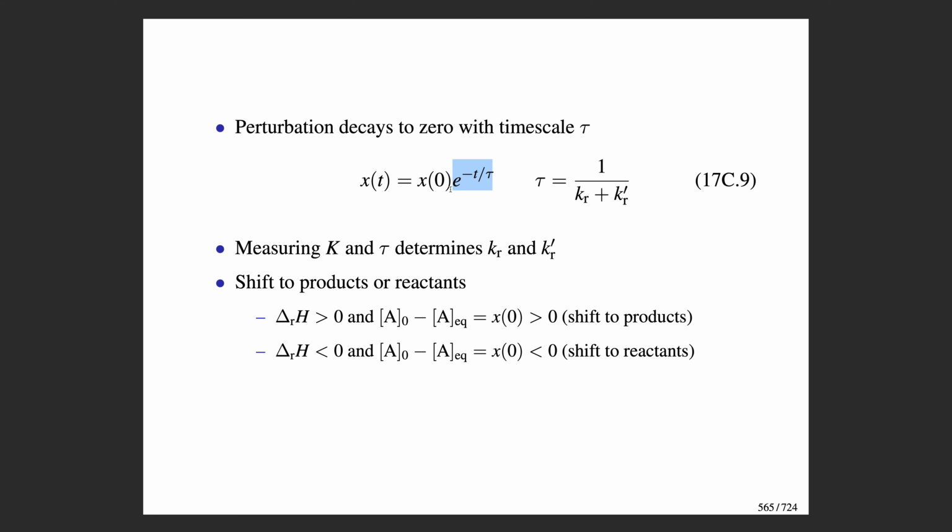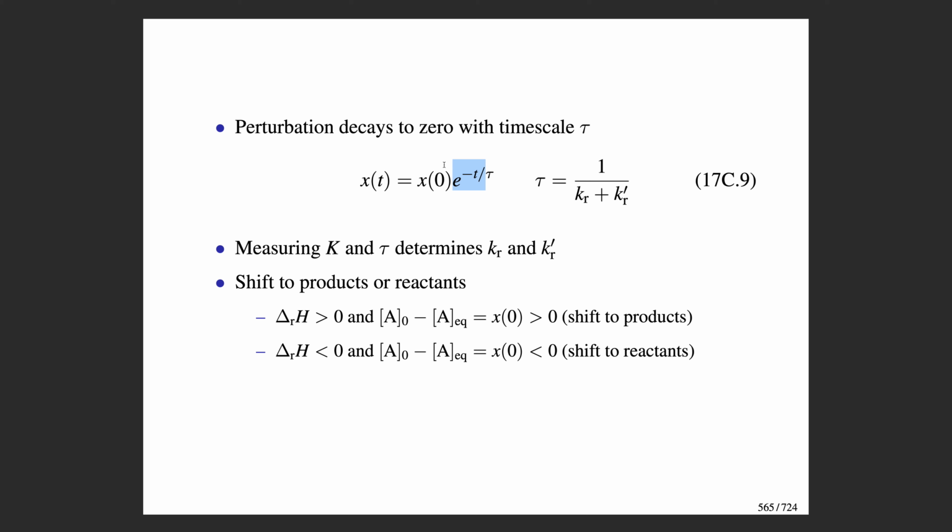It starts off at maximum when time t equals 0. That's when you perturb the system. You'll have e to the 0, so it's the maximum displacement from equilibrium, and then as time goes on, you'll get e to the minus infinity, which is 0, so the perturbation function will decay exponentially.